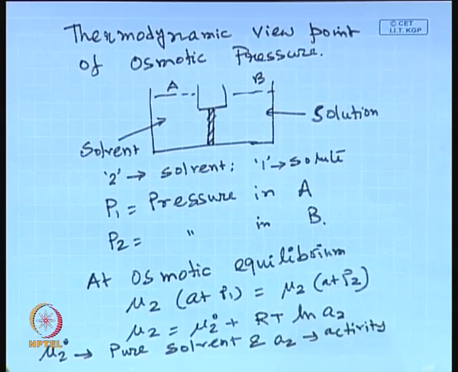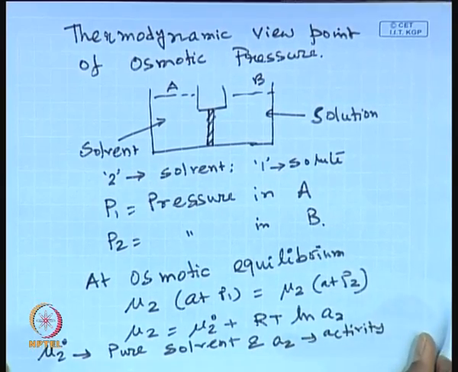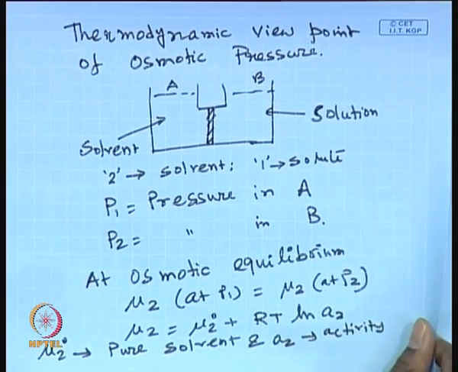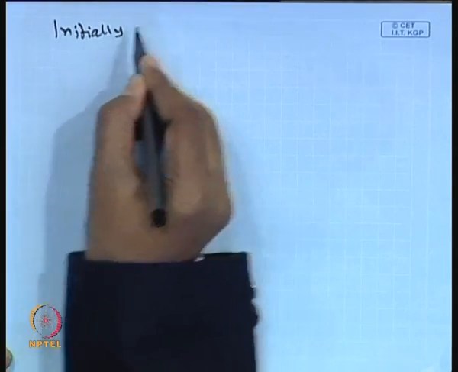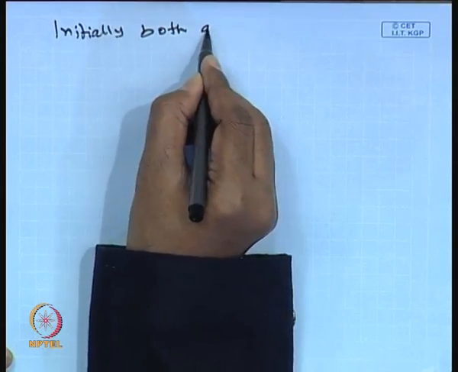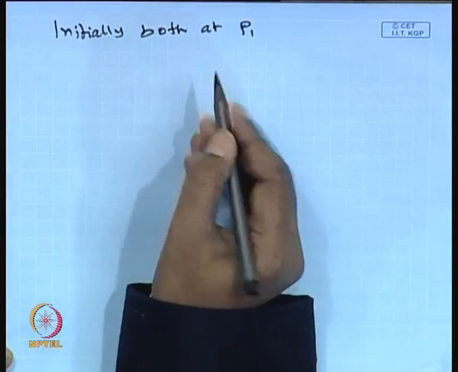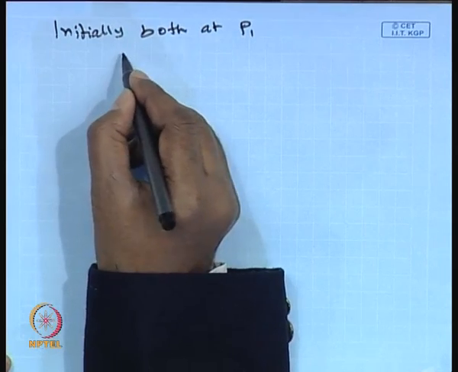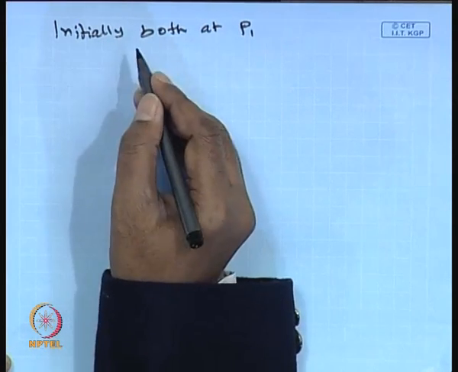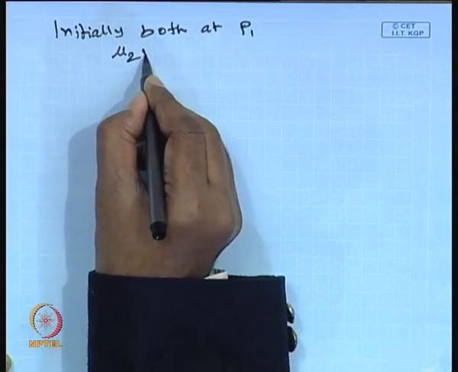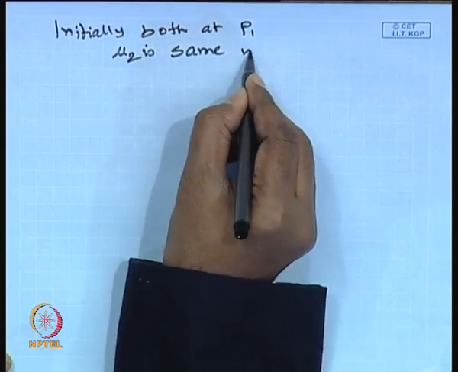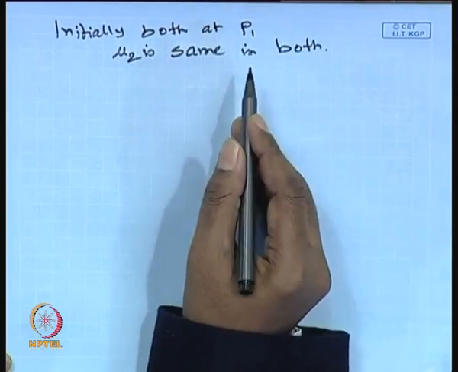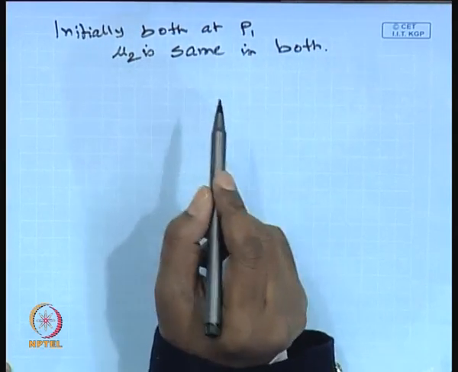Now, we do a hypothetical experiment. In one of the cells we put some sodium chloride, okay, and see what happens. Initially both the chambers are at pressure P1, and mu 2 is the same in both the chambers because they are both pure solvent, pure water.